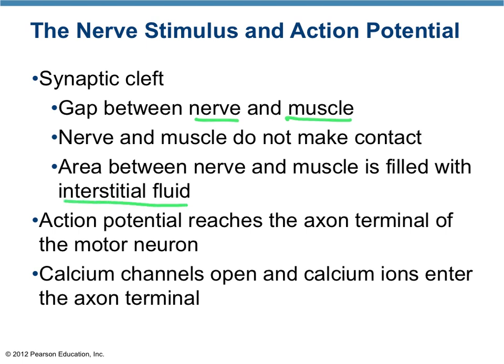So the action potential in the nerve reaches the axon terminal of the motor neuron first, and that's what tells the motor neuron that it needs to release some acetylcholine, and that's what's going to stimulate the muscle. To stimulate the release of acetylcholine, calcium channels in the axon terminal will open, and then calcium ions enter the axon terminal of the nerve cell.